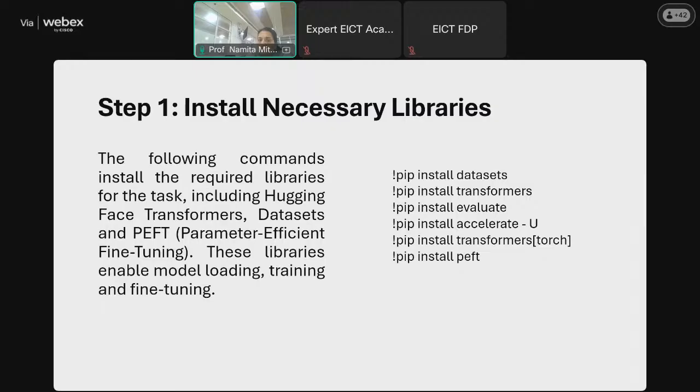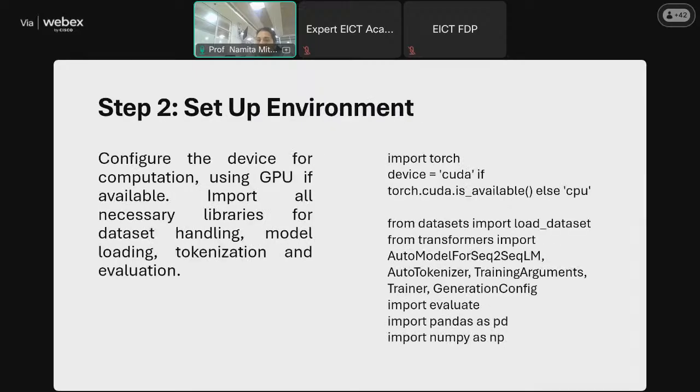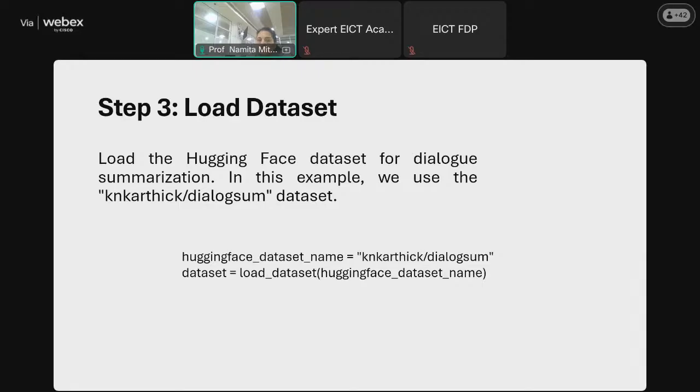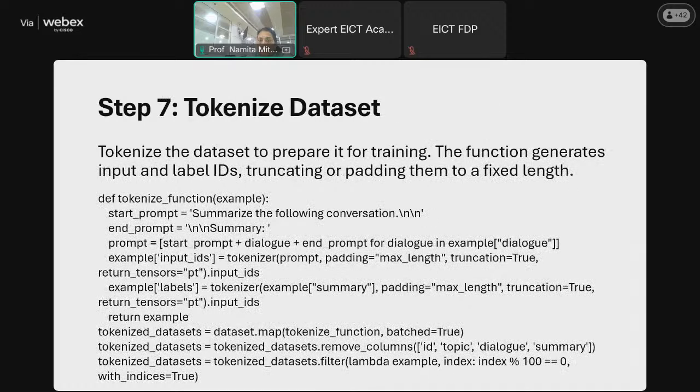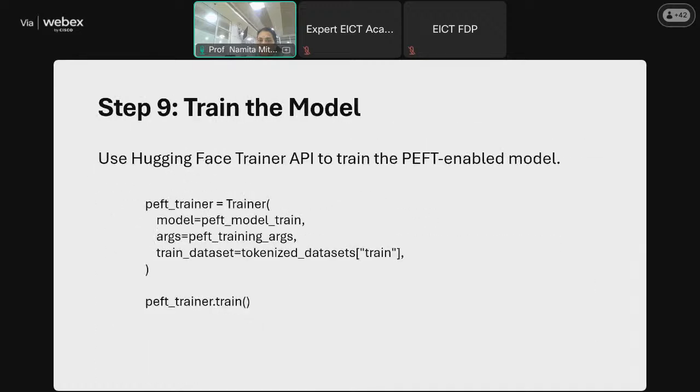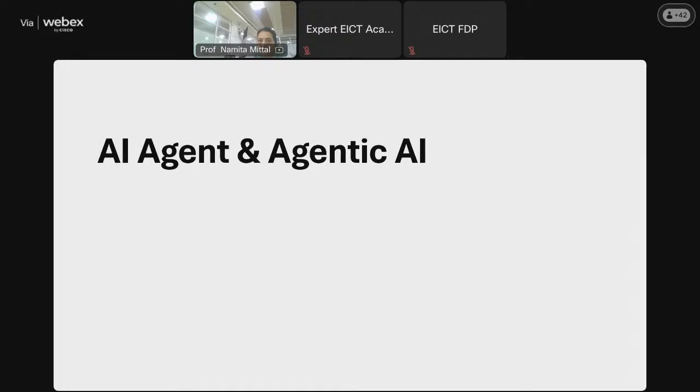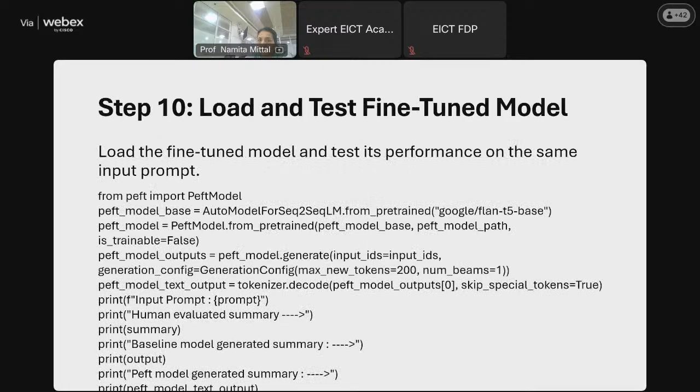Parameter efficient fine tuning. So this I'm skipping for right now. We'll come back to that in the afternoon, evening session. So that is 10 steps are enough to do the fine tune depending on the specific task. So we must have the data set for that.